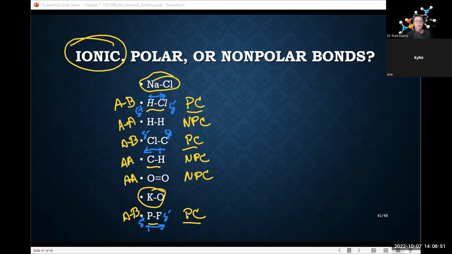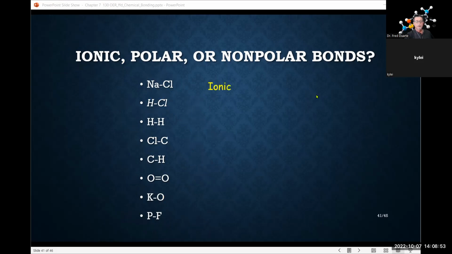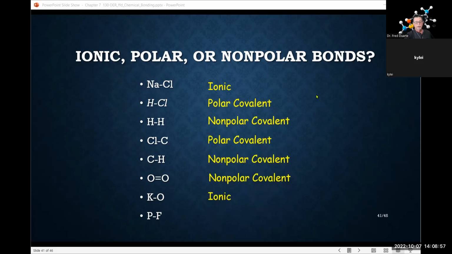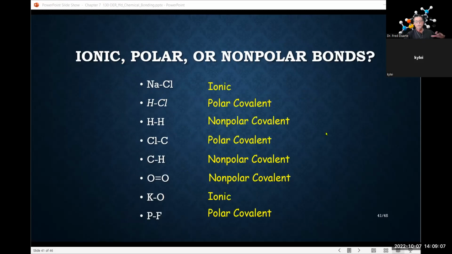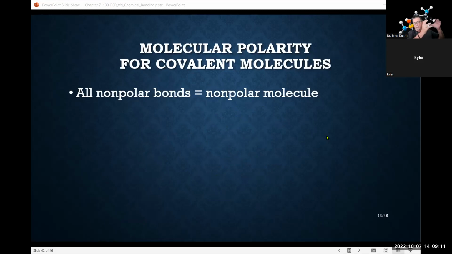All right. Ionic, so on and so forth. And then the arrows that we just talked about. We didn't do the arrows here, but if you need it, you should be able to do it. Okay, which brings us to the molecule. Okay, so the bonds themselves, if we know they're polar or nonpolar, will give us information about the whole molecule.